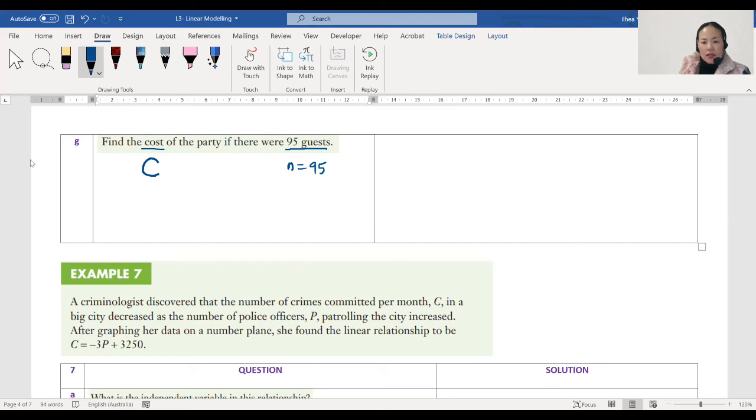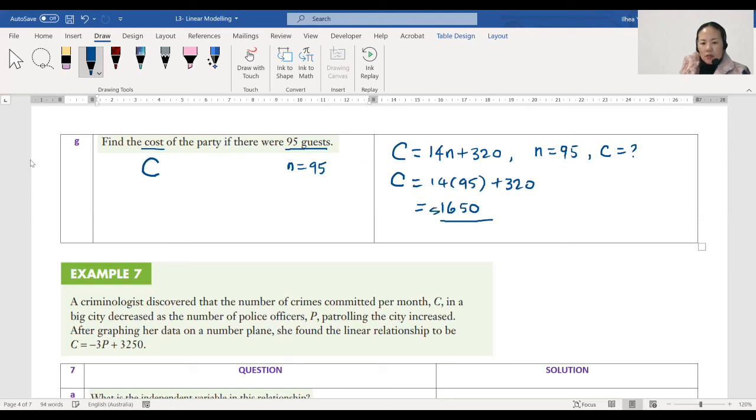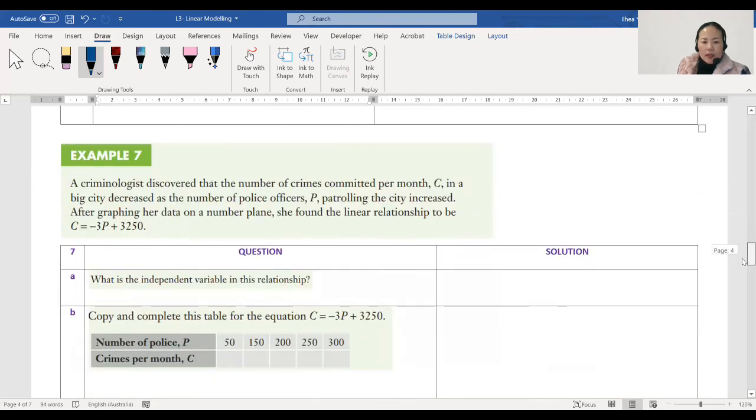Okay, so C equals, what was it? 14n plus 320, but n equals 95, and we need to find the C. So I'm going to put C equals 14 times 95 plus 320. So you put that in, you will get 1,650. So when you invite 95 people, its cost is 1,650.